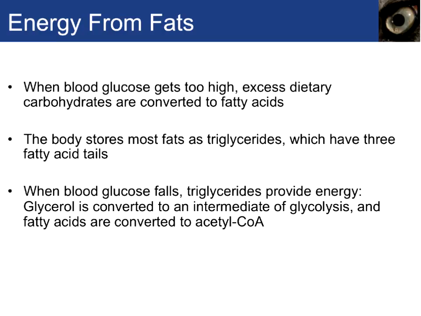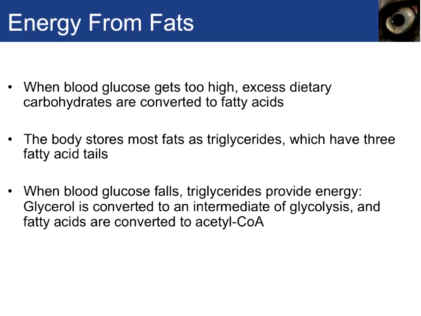Triglycerides have 3 fatty acid tails, and then the reverse happens when blood glucose falls. Triglycerides provide energy, the glycerol is converted to an intermediate of glycolysis, and the fatty acids are converted to acetyl-CoA, which if you look at the Krebs cycle is what goes into the Krebs cycle.